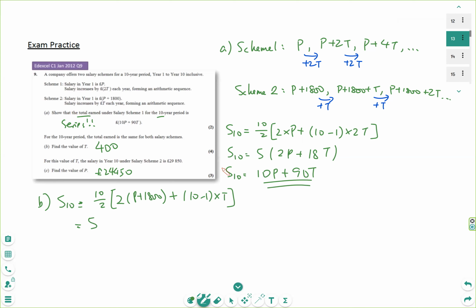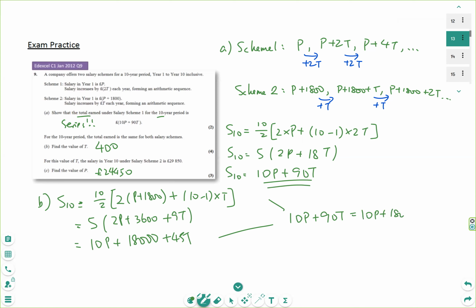So you do 5, then expand the bracket: 2P plus 3,600 plus 9T. If you expand the bracket, it'll be 10P plus 18,000 plus 45T. And we're told these two are equal, so we can let 10P plus 90T equal 10P plus 18,000 plus 45T.